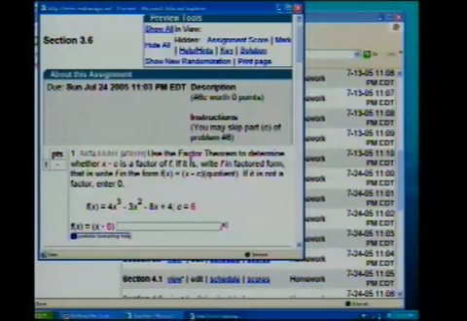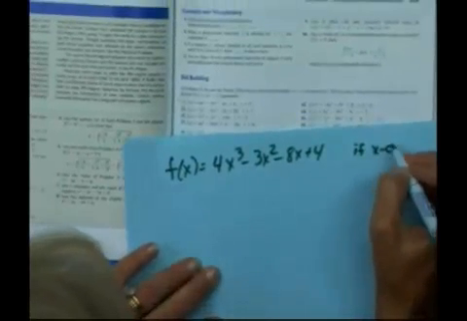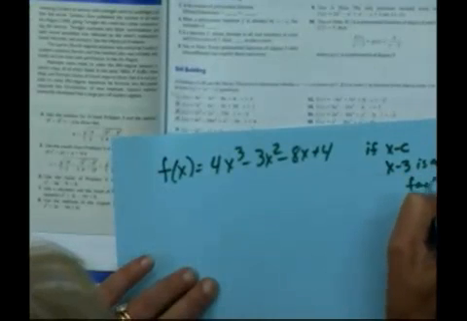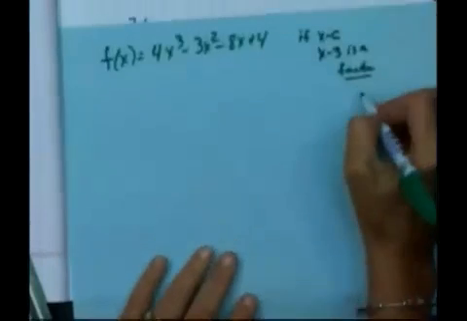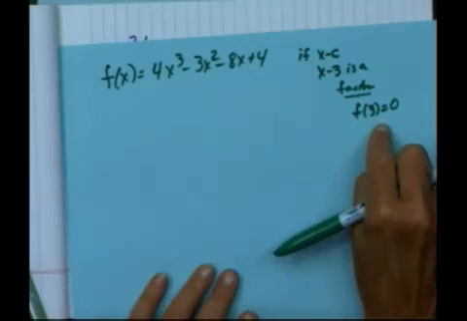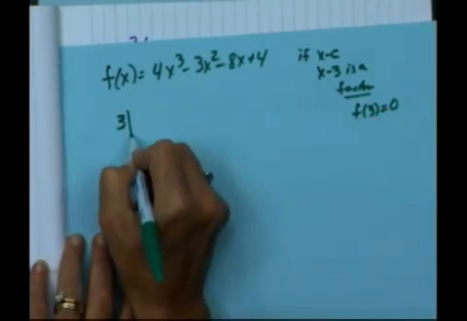All right, so if we want to know if x minus c, in our case, x minus 3 is a factor, if it's a factor, that means f of 3 equals 0. Remember, it says 0 of the function, and we can just use synthetic division pretty quickly. Divide by 3.